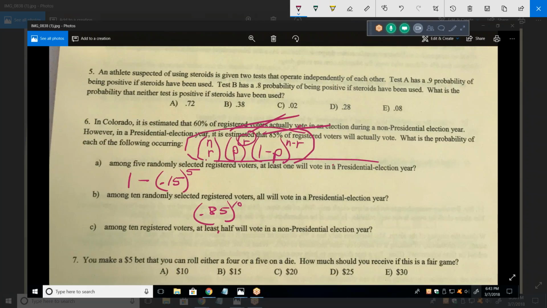So that is going to be 5, 6, 7, 8, 9, or 10. I don't know whether we can make this a shortcut. And this is a non-presidential election year. So it's that.